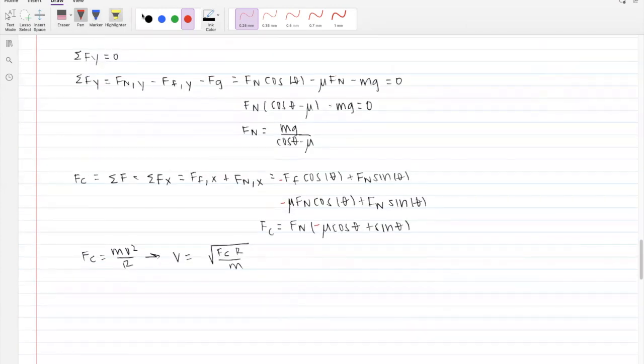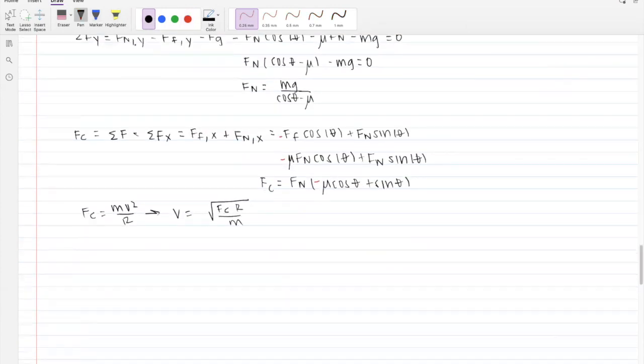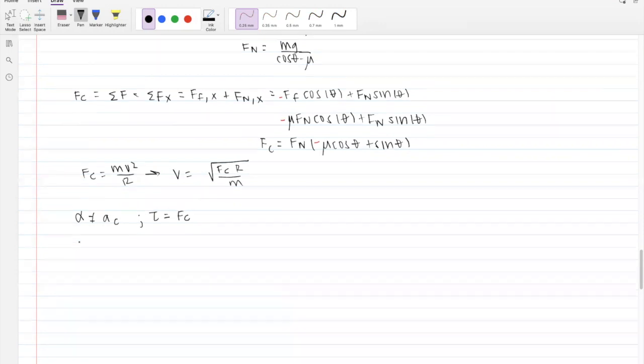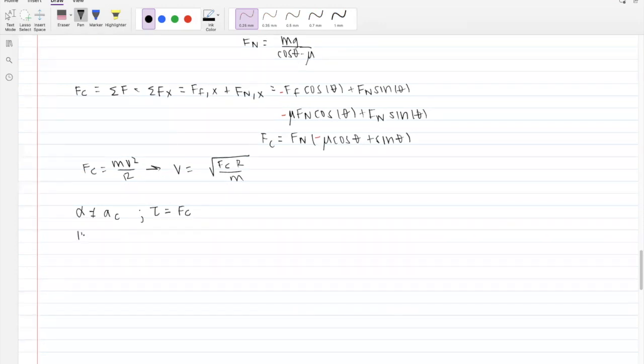Now, one last thing before we move on to rotation in the next video. Angular acceleration does not equal centripetal acceleration. So your torque is not equal to your centripetal force. And this may be intuitive for some people and may not be for others. One thing I want to define is the location of your pivot.